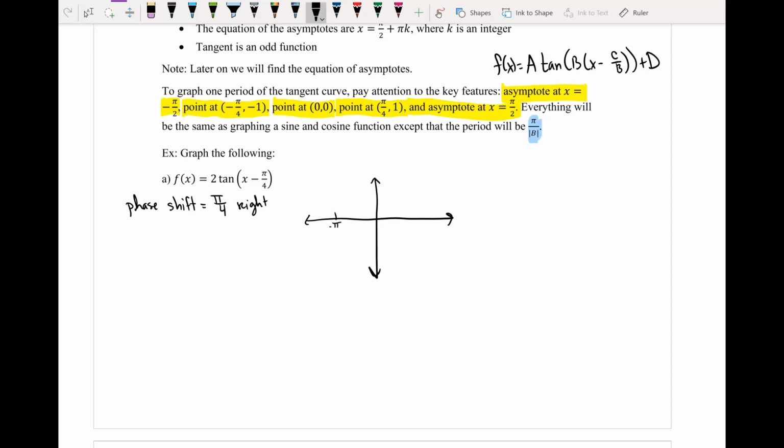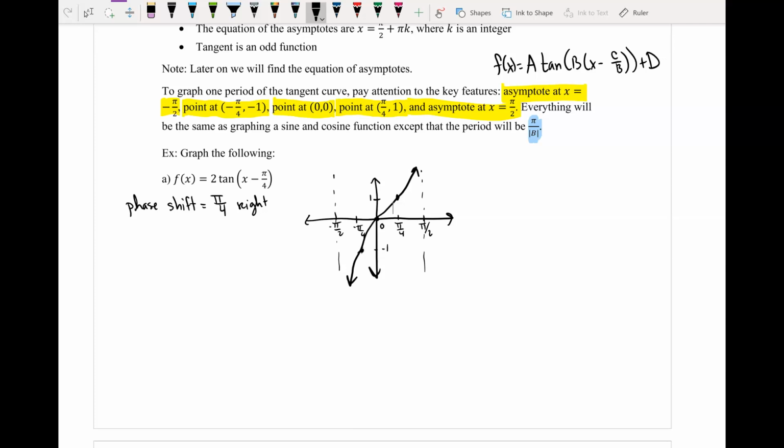You're at negative pi over 2, negative pi over 4, 0, pi over 4, pi over 2. Then our key points: -1, 0, and then 1. This is what the general tangent curve looks like. That's one period of the tangent curve. Remember that it does continue to repeat.